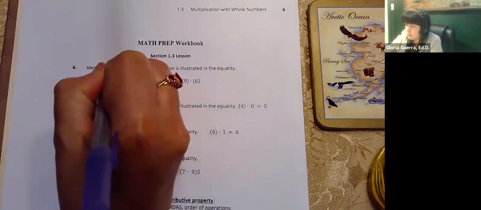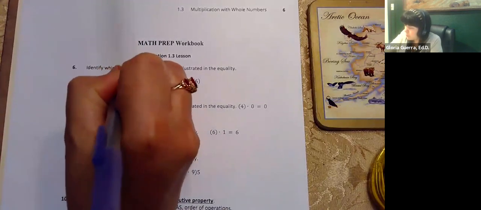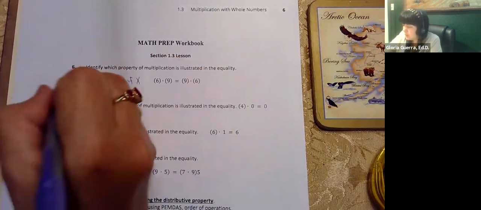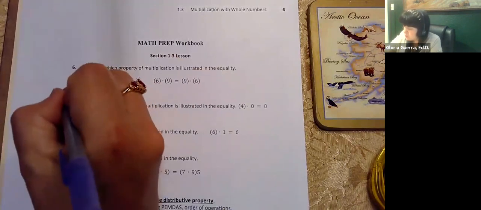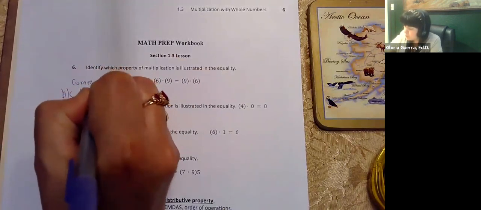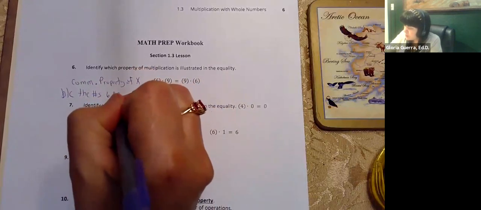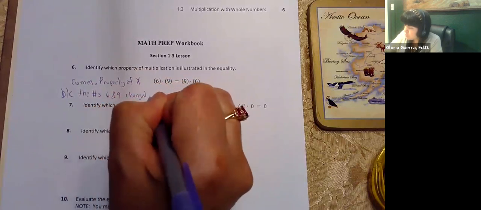I'm going to write COMM here as an abbreviation for commutative property of multiplication. Again, this is because, B/C for because, the numbers 6 and 9 changed position.